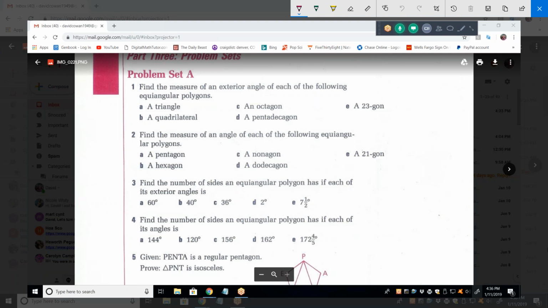Okay. That works. And what are we going to do with B? The same thing. We just divide 360 by 4 and subtract it from 180. We're going to do all 5 of these exactly the same.